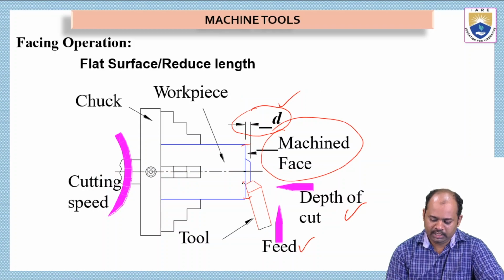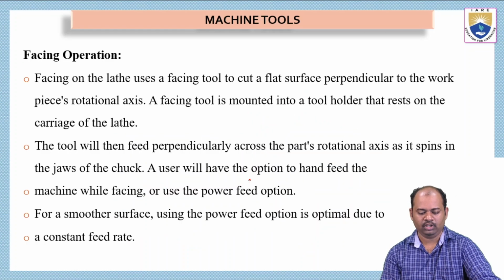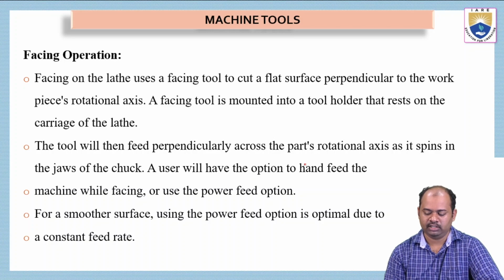Only the tip of the tool has to be in contact with the workpiece. We all know this. The tool will then feed perpendicularly across the part's rotational axis, while it spins in the jaws of the chuck.